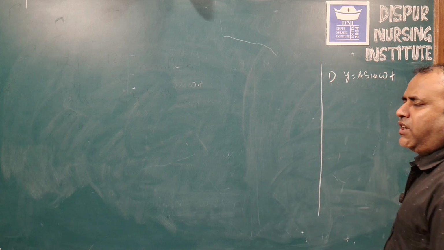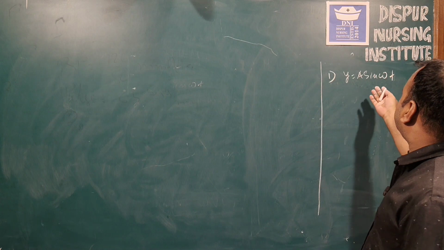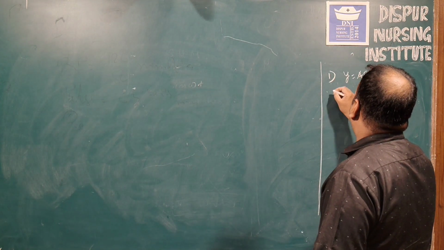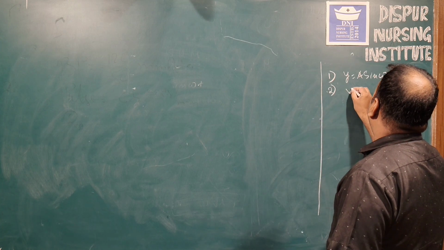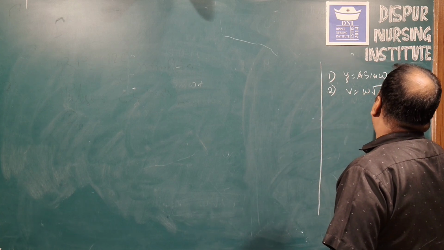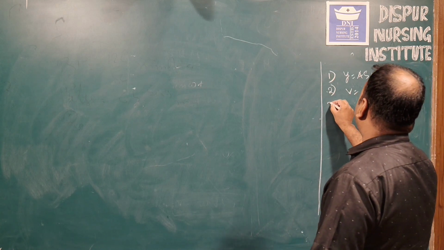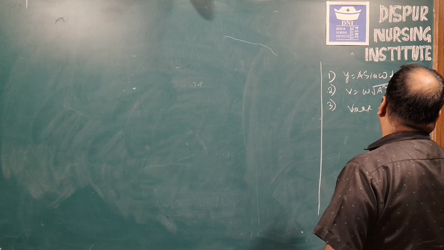This is a kind of formula. We can write in terms of component x also, y also. I have written only one equation. Number two, v is equal to omega under root a square minus y square. And number three, maximum velocity is equal to a omega.